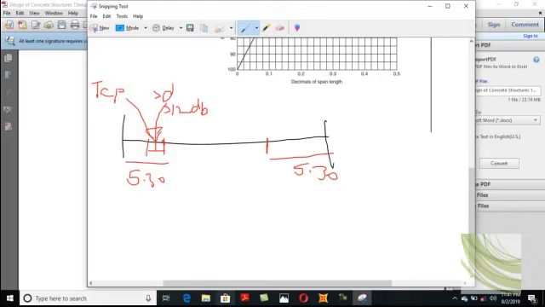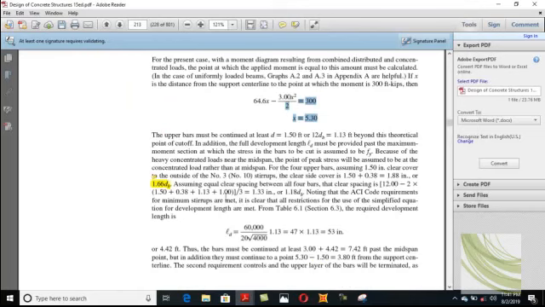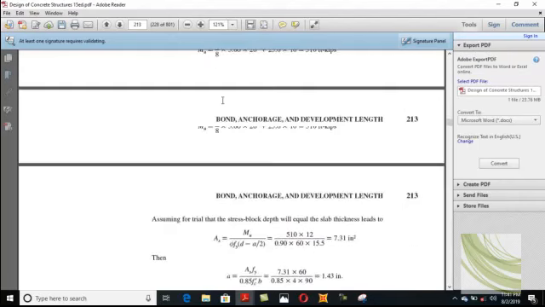So d is, I think, 20 inches. Sorry, that is 18 inches, which is given already.